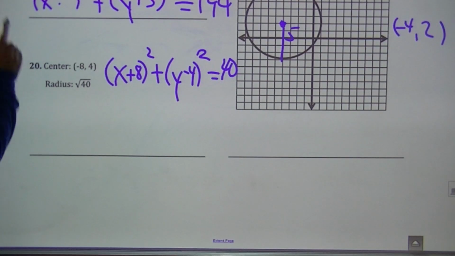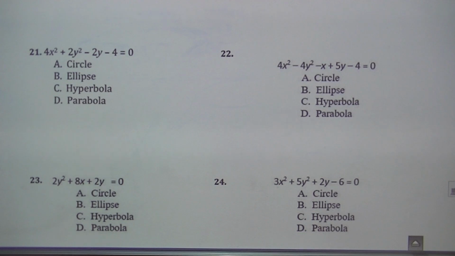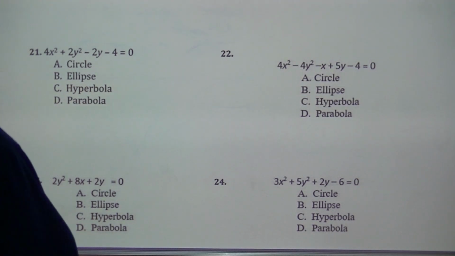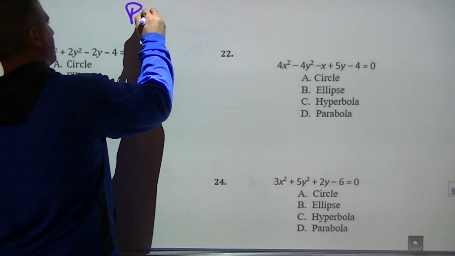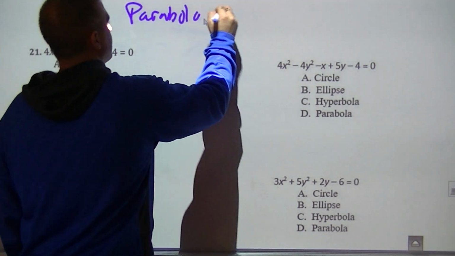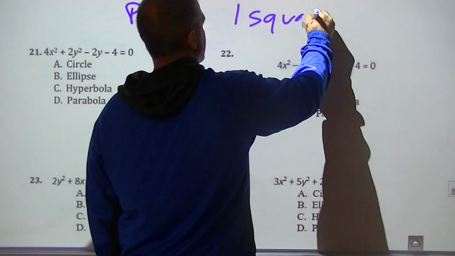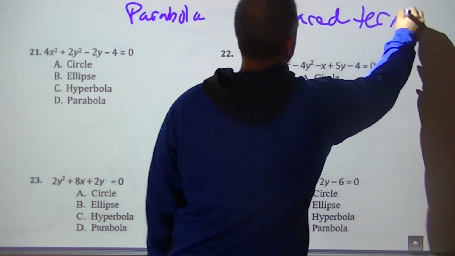Now, very important with these, and we're almost running out of battery here. The first thing you should figure out is if it's a parabola or not. A parabola is going to have one squared term. That's the easiest to figure out.